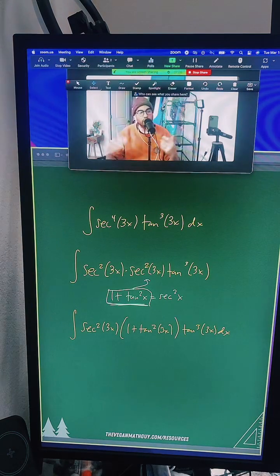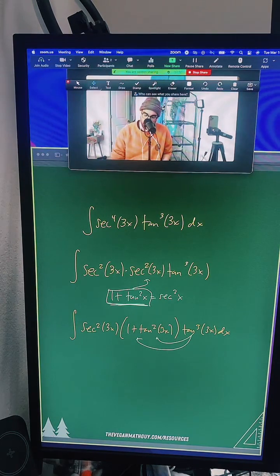Okay, you can go ahead and distribute the tan if you want to. Let's just do that now. I'm going to distribute this tangent into both of these so that I get secant squared of 3x times tan cubed of 3x plus tan to the 5th of 3x dx.